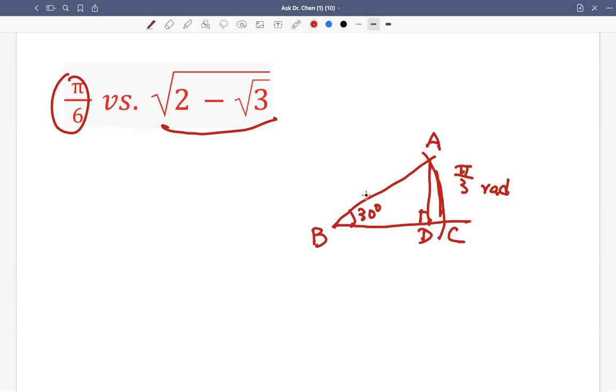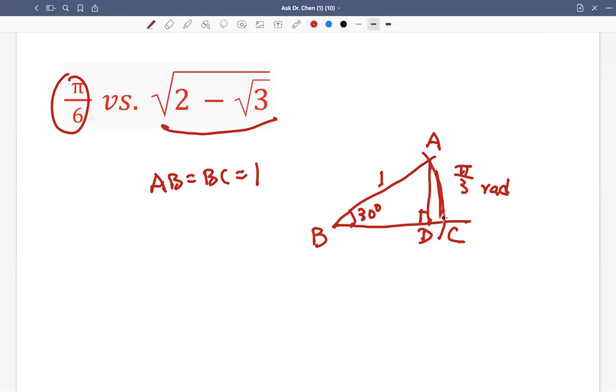So in this triangle, we know sine 30, which is opposite over hypotenuse, equals a half, right? So we can think this is like a unit circle. The radius is 1, so this will be 1. And AB and BC equal 1, right? Because think about this on the unit circle.